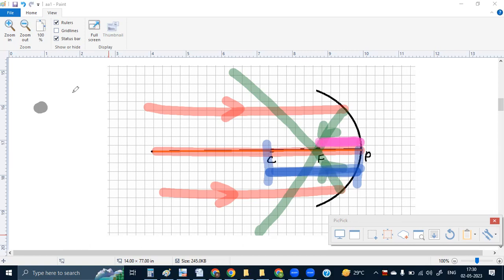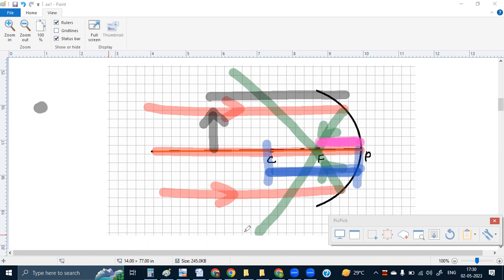Another position is beyond the center of curvature, which means this distance is more than the radius of curvature.